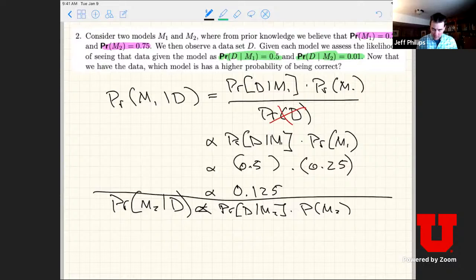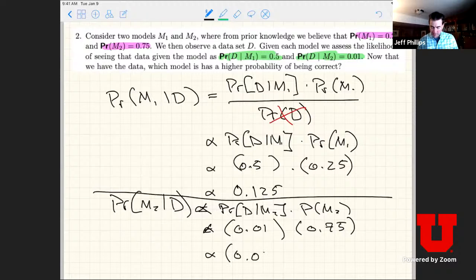This is 0.1 times 0.75. So the model is more likely a priori, but the observation of the data makes it less likely. So I get 0.075, and this is less likely.